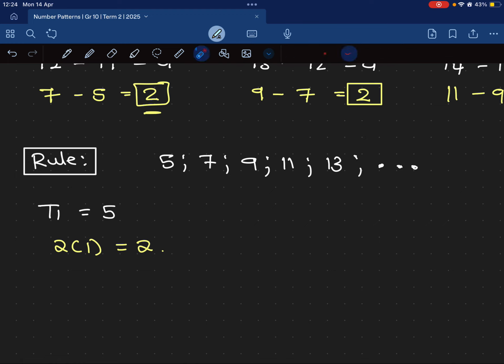So you see that 2 and 5 are not the same, so we say to ourselves, okay, the only way to get from 2 to 5 is to add 3. So if I said 2 times 1 plus 3, then I notice that I get 5.